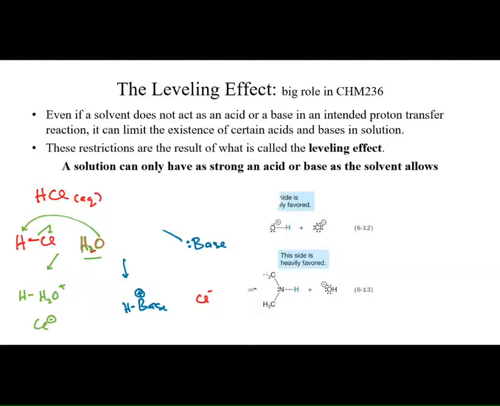Okay, I don't have HCl. What I have is H3O plus and Cl minus. So now when the base comes in, the base reacts with the H of H3O plus to give me my H base, and note I still have Cl minus and I still end with H2O.